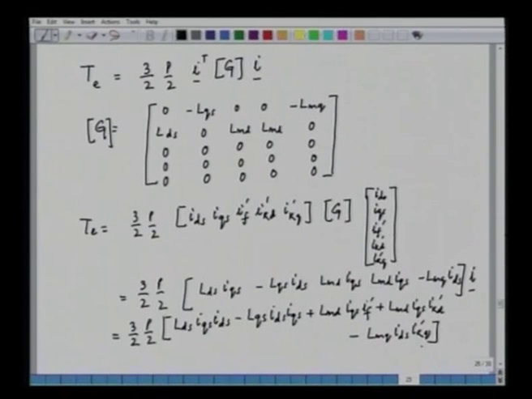So this is the expression for the torque, and this torque we can further simplify and separate into 3 different terms.